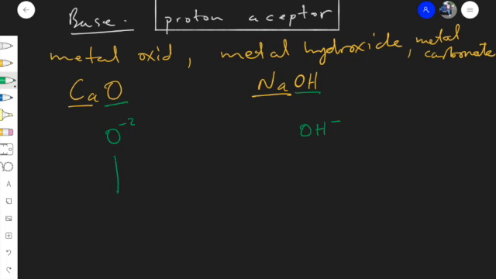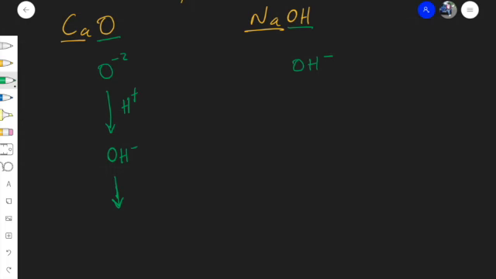Remember that by saying hydrogen ion, we are saying the hydrogen proton. So you add a proton to this, and it becomes a hydroxide ion. If you add another proton, it will become water.